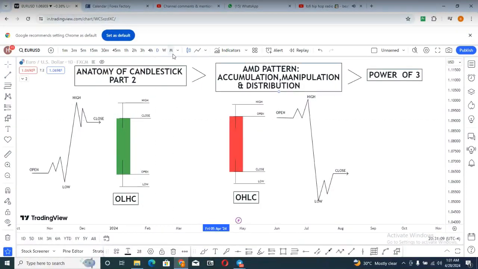Irrespective of the time frame, you can see the time frames labeled. I have the monthly, weekly, daily, 4 hours. Irrespective, this is how every candle does. It is just like the skeletal system of the market.